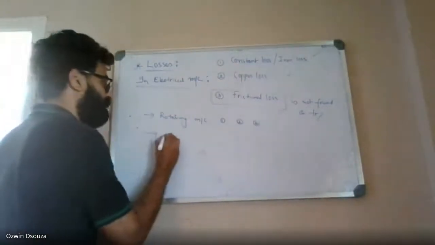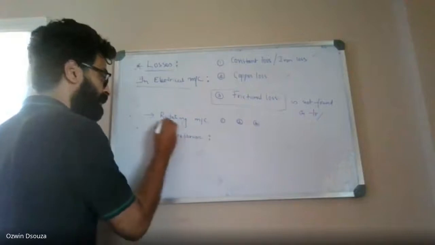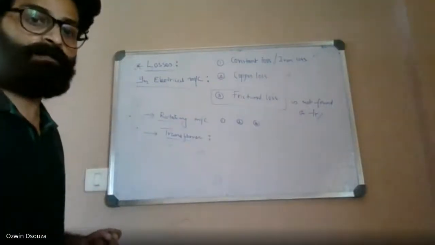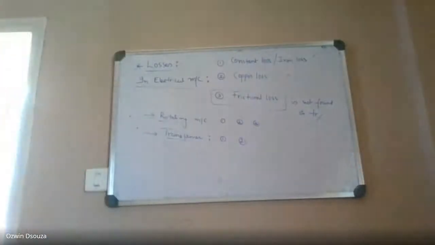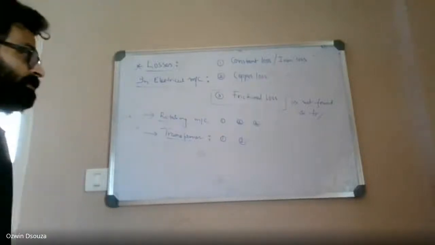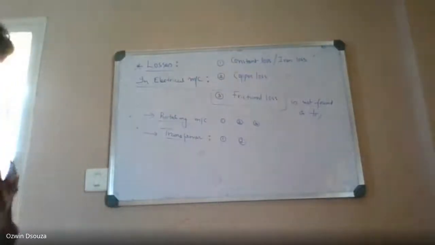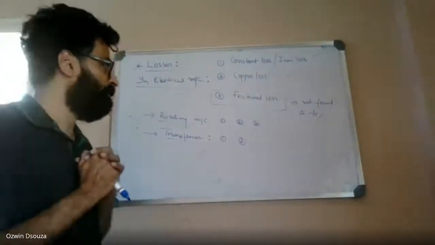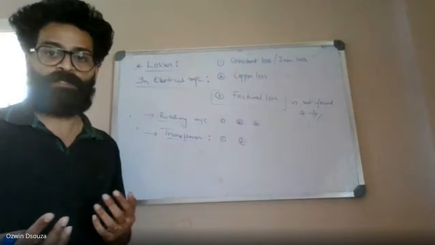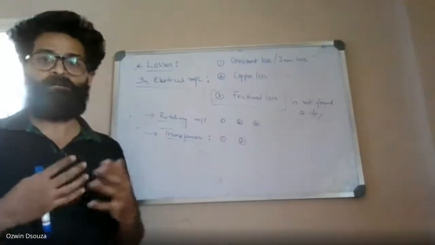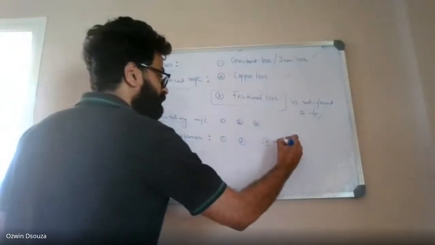On the other hand, for transformer, while accounting the losses, only component 1 and component 2 are considered. That's because in case of transformer, there are no moving parts, right? The moving parts are absent. Since there are no moving parts, hence there is no friction. Friction exists between the moving elements. Since there are no moving parts, hence the third loss is missing.